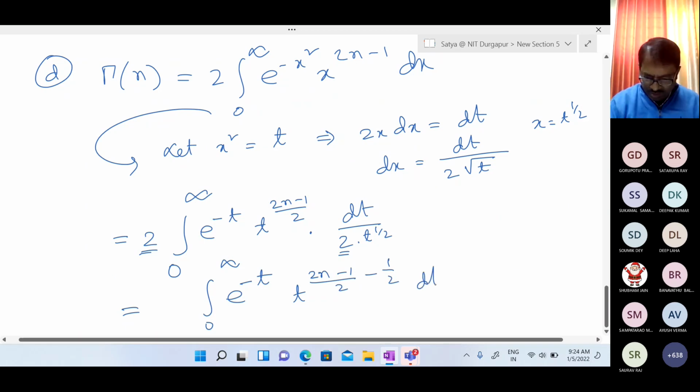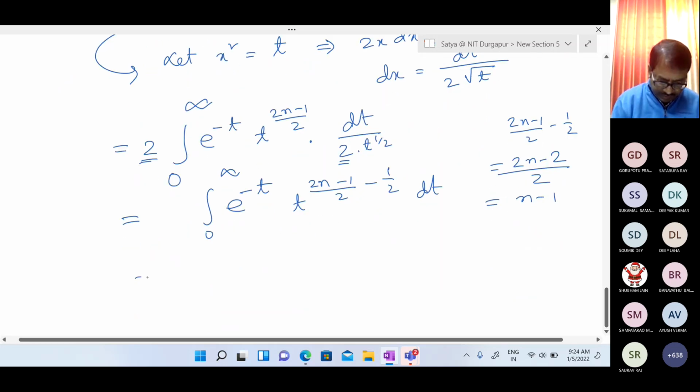If we simplify 2n minus 1 by 2 minus half, we get 2n minus 2 by 2, and finally it is n minus 1.